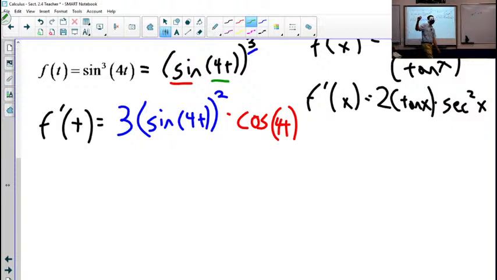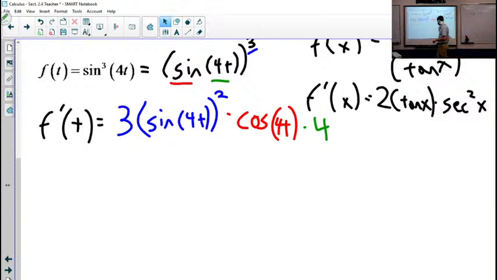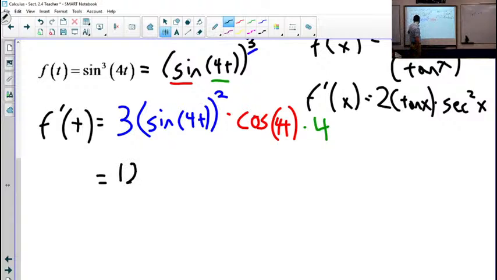Times derivative of the innermost part. Derivative of the innermost function. So derivative of 4t is just 4. So I'm going to simplify that real quick. I'm going to take this 3 here times 4 here is 12. And then I'm going to write sine squared of 4t cosine of 4t.